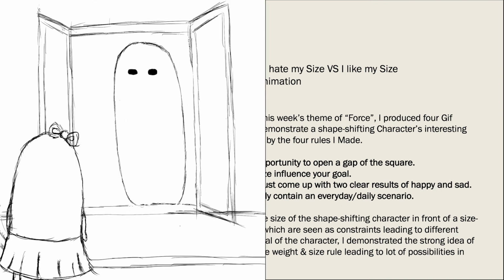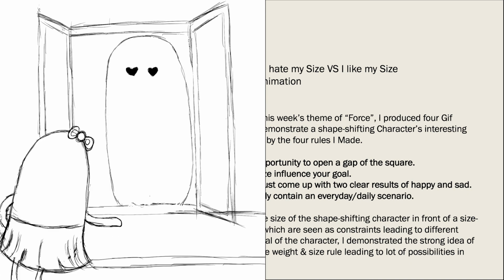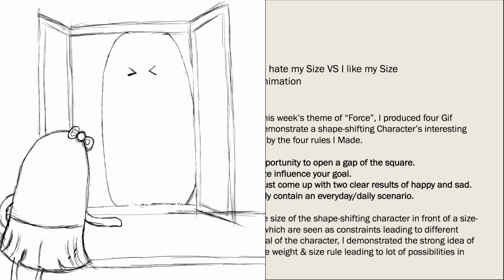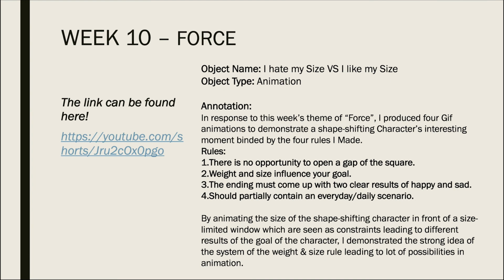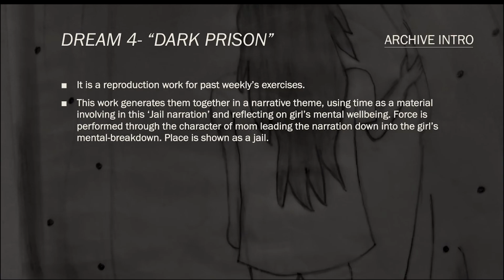I animated the size of the shape-shifting characters in front of a size-limited window, which is seen as a constraint leading to different results for the character's goal. I demonstrated the strong idea of a system of weight and size rules, leading to lots of possibilities in animation.